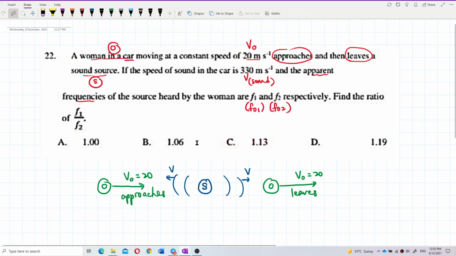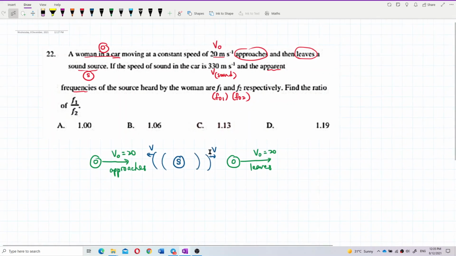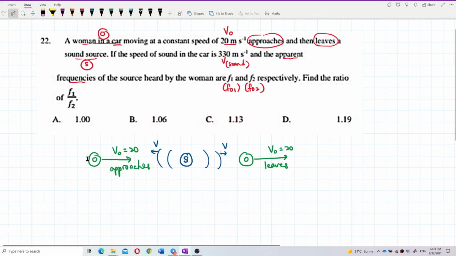So over here, when the observer approaches, he hears observed frequency FO1. And after he leaves, this one is observed frequency number 2.